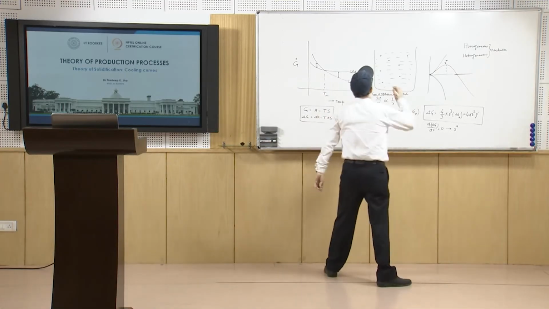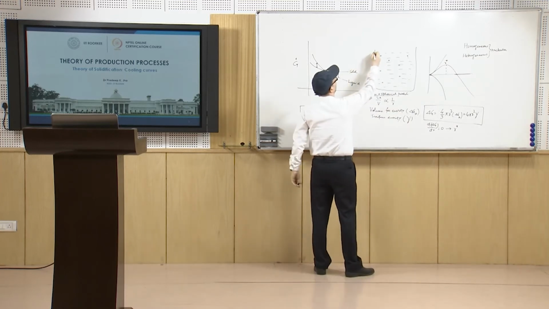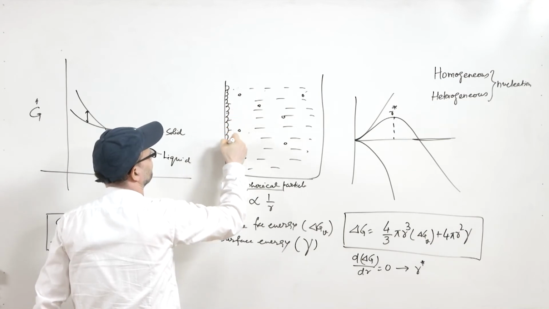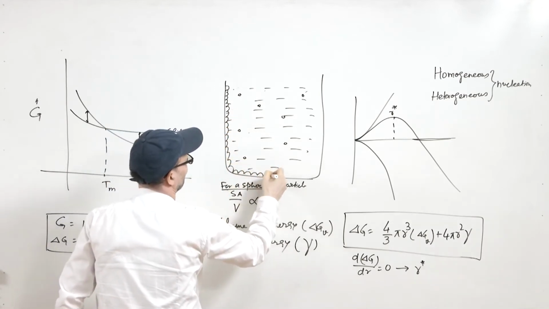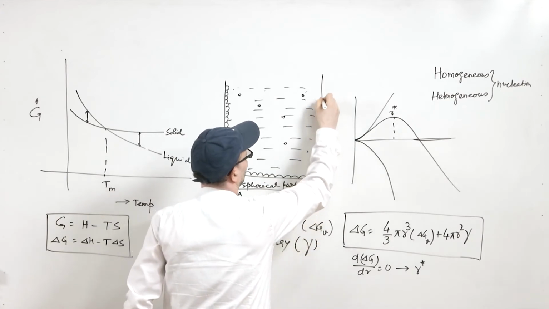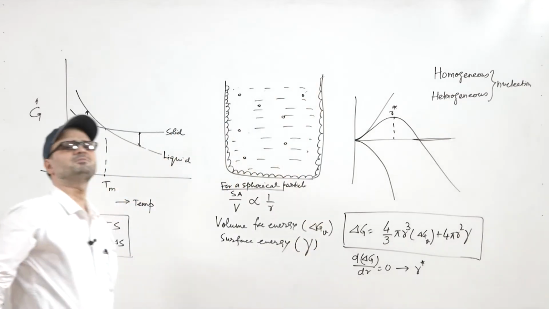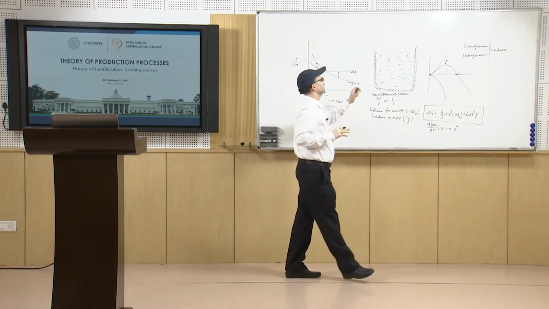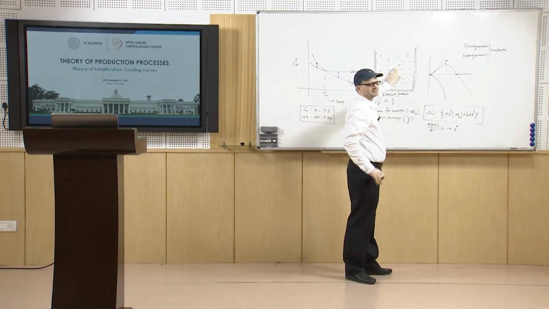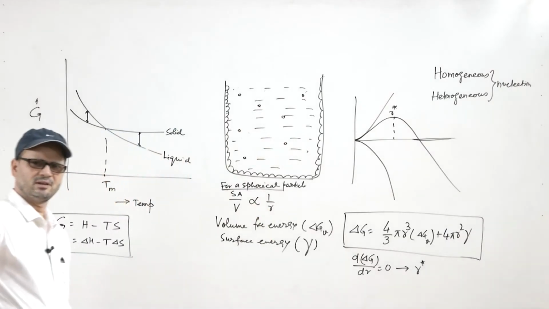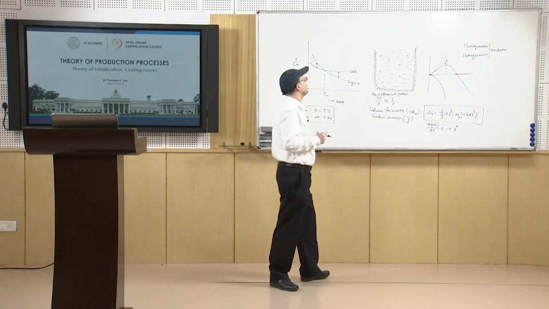Normally, suppose nucleation starts here, it will start here as well. In the case of casting, in practical cases when you are pouring liquid metal, slowly the temperature comes down.